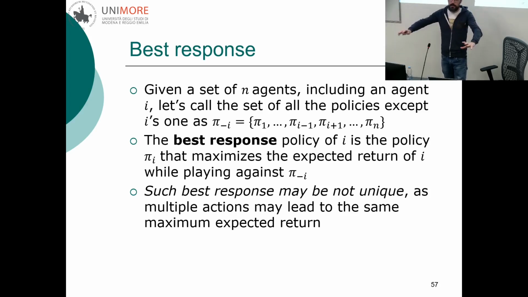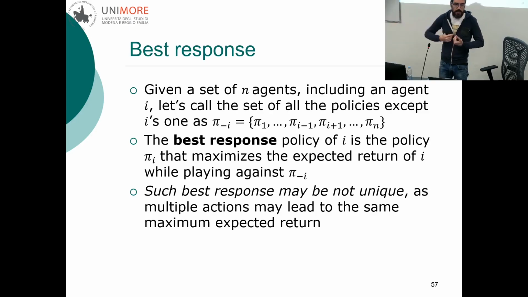Assuming that the other agents have learned some policy, whatever policy, optimal, non-optimal, we don't care. Assuming that the other agents have learned or will converge to a given policy, any given policy, best response means we are playing to maximize the expected return against those policies.